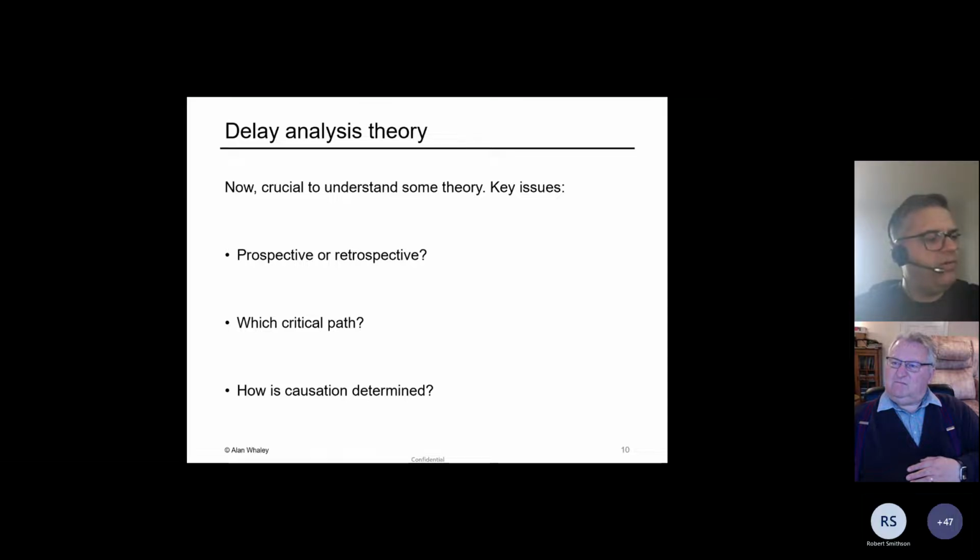I want to move on now, unfortunately, to some theory. It is really important to understand theory. As I said, if you're the recipient of a delay claim or a delay analysis, or you're making a delay analysis, it's really, really important that you can critically analyze that claim, both internally for your own strengths and weaknesses, but also externally because you might wish to respond to it.